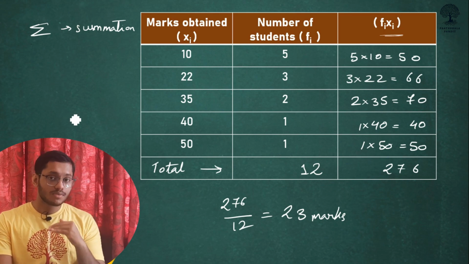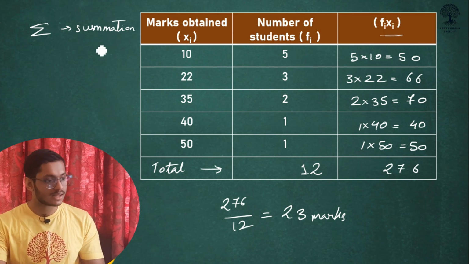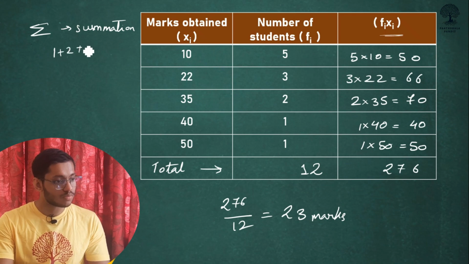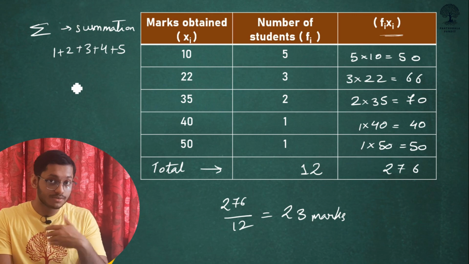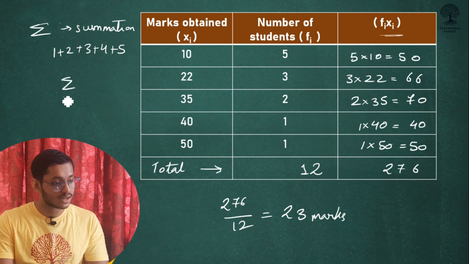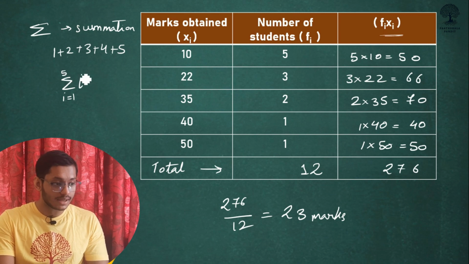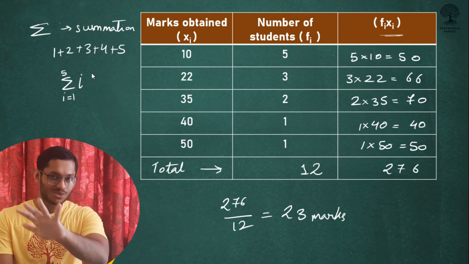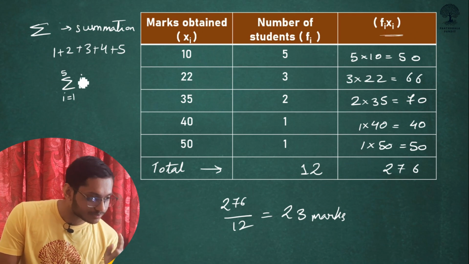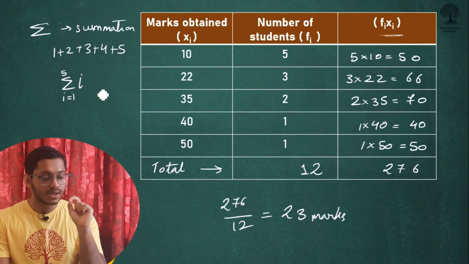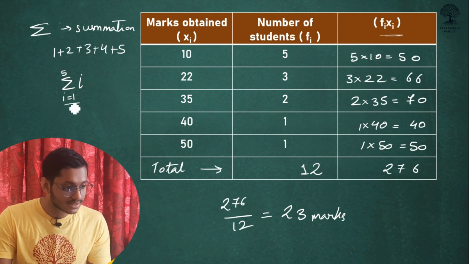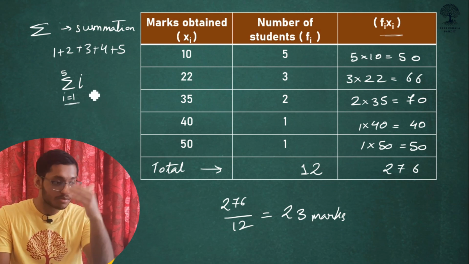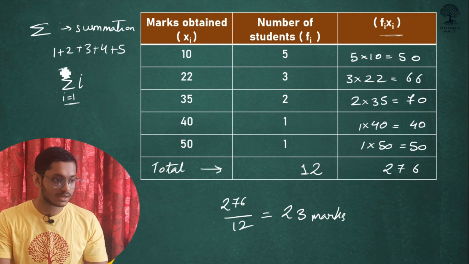Now, if we want to represent something like 1 plus 2 plus 3 plus 4 plus 5, what we will have to do? We will have to denote it like this: I equal to 1 to 5, I. Let me explain it, do not worry. If we place 1, because this is the starting number, we start from here and we end at this number.